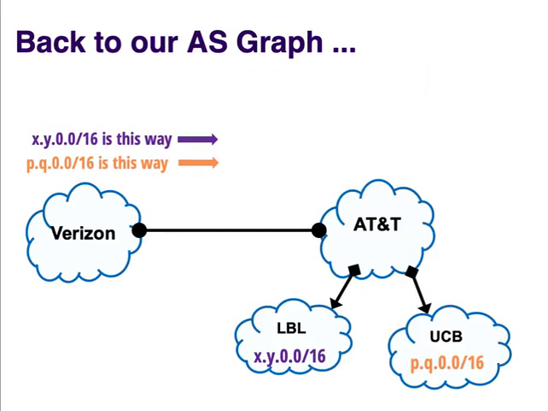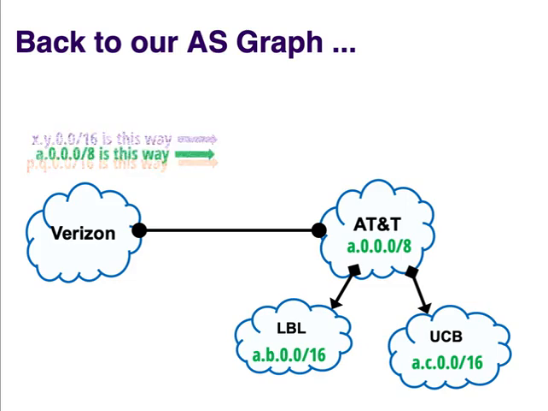Going back to the example, AT&T could have said, LBL and Berkeley are both my customers. Instead of giving them completely disjoint prefixes, I have this address space that's /8, a dot something. I'm going to hand out a.b to LBL, and Berkeley gets a.c. And so what happens to Verizon's table, it now just has to store one entry that says, if you're a dot anything, just go to AT&T.